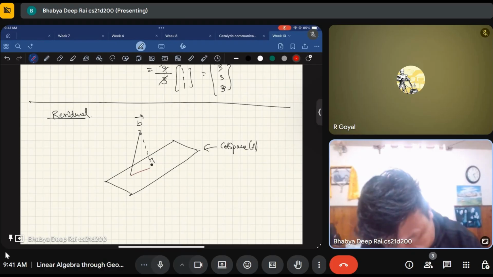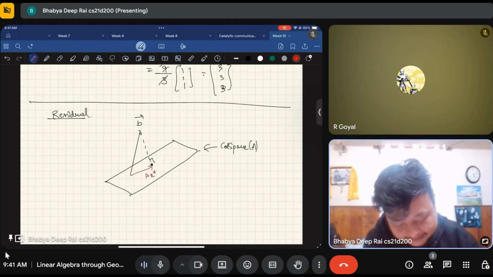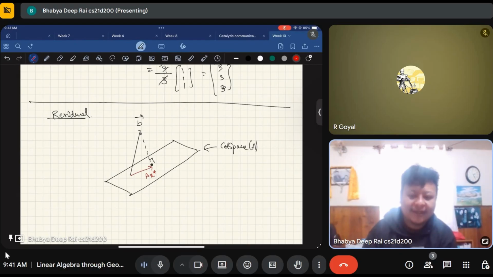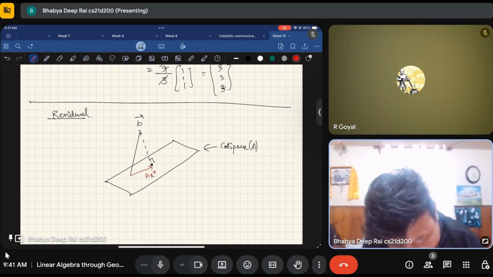I got this. Ax star is this red vector. In this case, I did not require Ax star; it is nothing but the projection of b onto the column space of A.